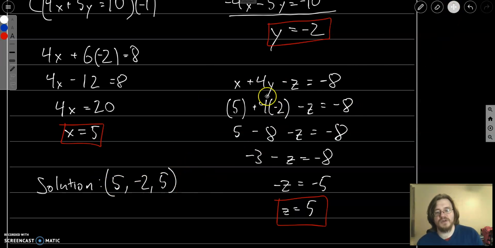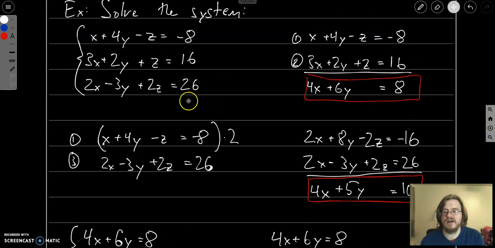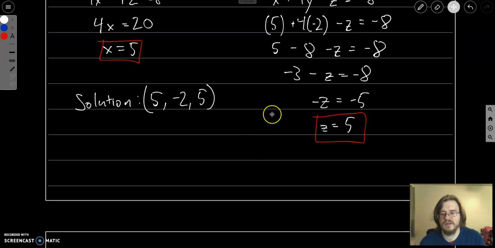However, we did a lot of work and it would have been really easy to make a mistake somewhere. So let's check our solution. What I'll do is I'll come up, maybe this bottom equation right here, I will plug in my solution just to check. So we have 2x minus 3y plus 2z is equal to 26.